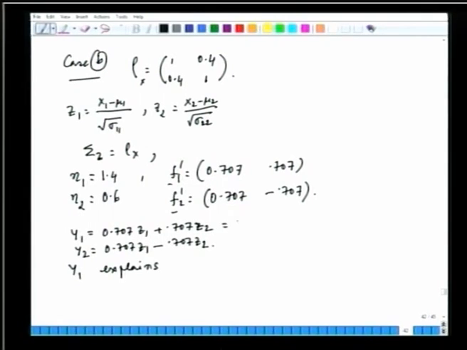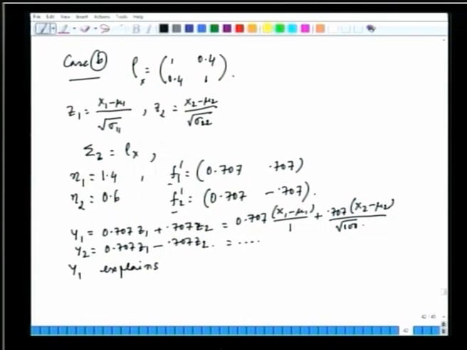Further you can write this as 0.707 times x1 minus mu 1 divided by the first diagonal element of the sigma matrix, that is 1, plus 0.707 times x2 minus mu 2 divided by the second diagonal element, that is root 100, and in this way.